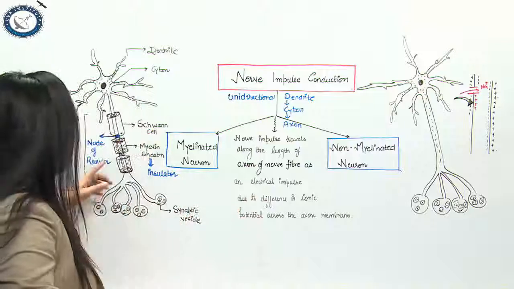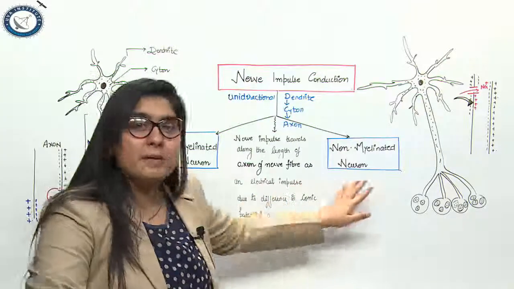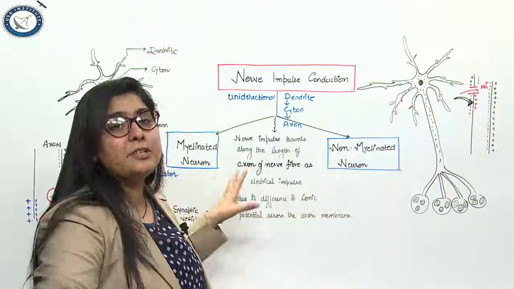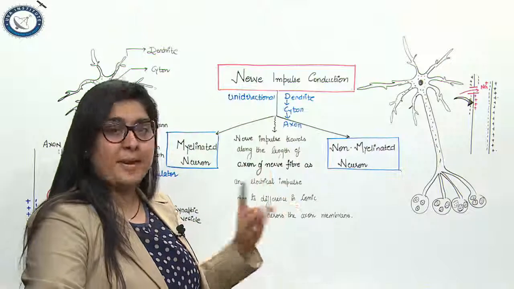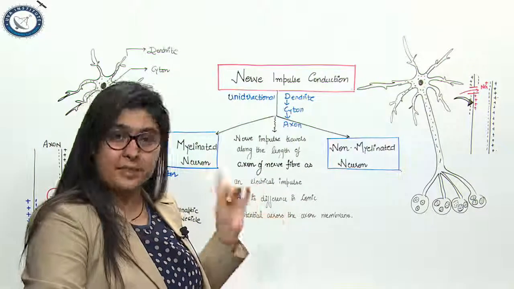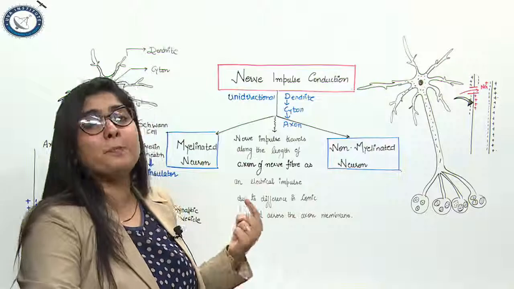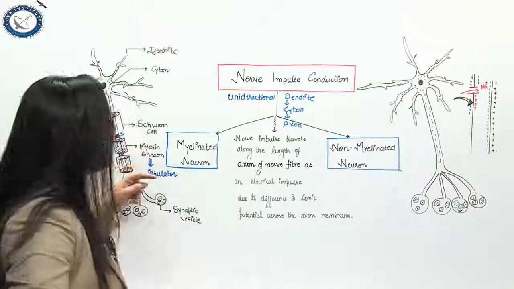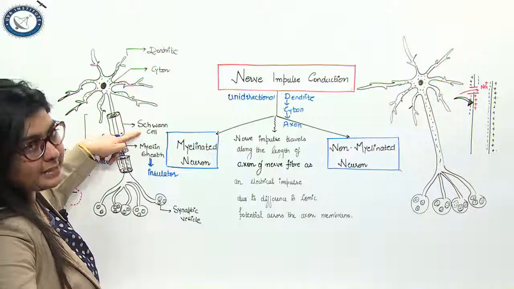Now, how it is different in a myelinated or a non-myelinated neuron is that a myelinated neuron has a wrapping along its axon length of a protein material called myelin that is synthesized by Schwann cells.